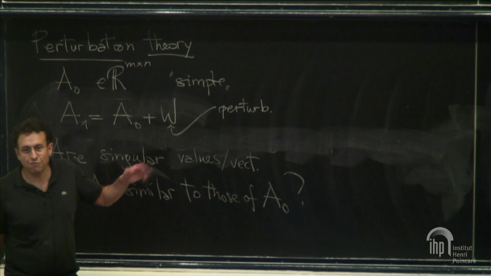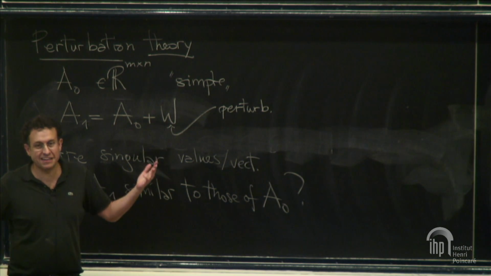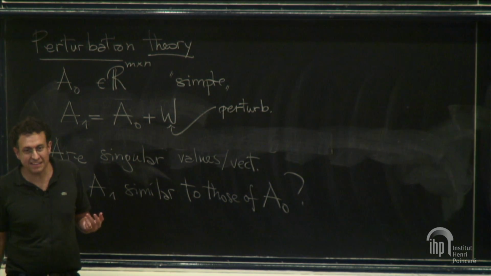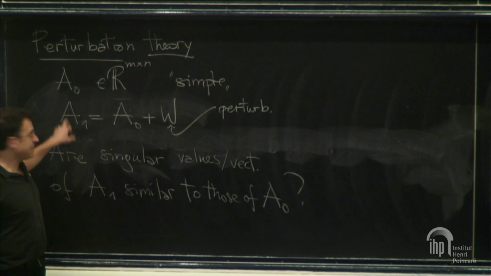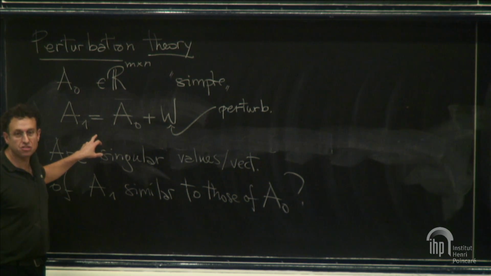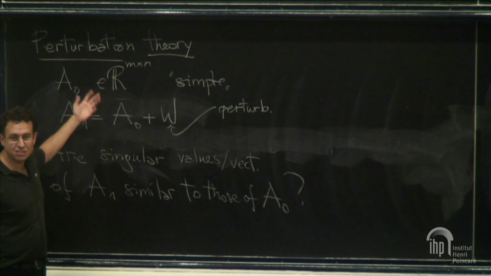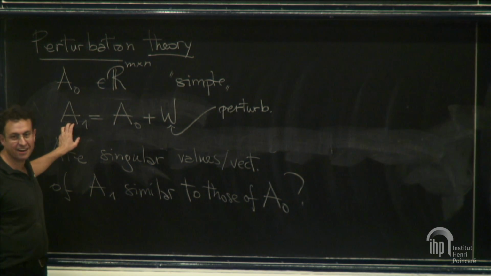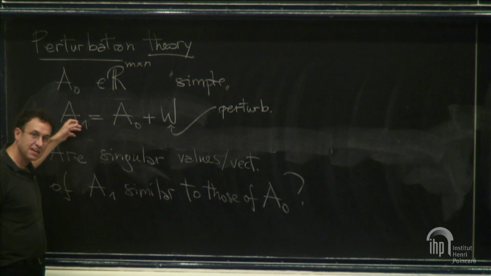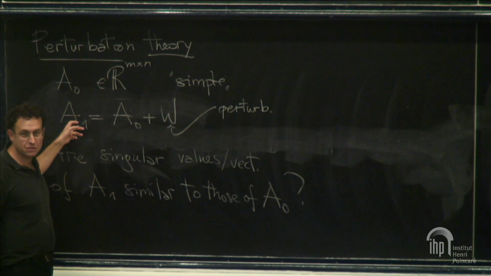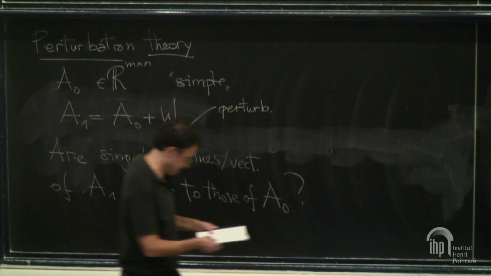This whole area was developed to its full glory in the 50s, where people were very interested in quantum mechanics, and this typically was a Hamiltonian of a quantum mechanical system, and then this was a perturbed Hamiltonian. This was a Hamiltonian in which electrons don't interact with each other, and this is a Hamiltonian in which they interact with each other. So you understood very well the physics without interaction, and then you wanted to understand the physics with the interaction. But we'll see many examples of this thing.